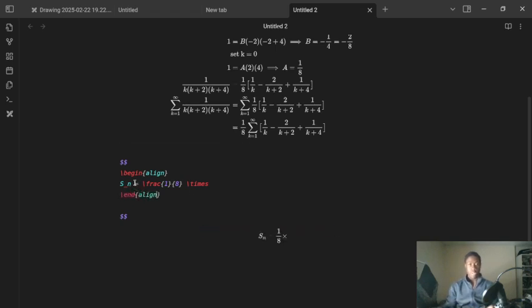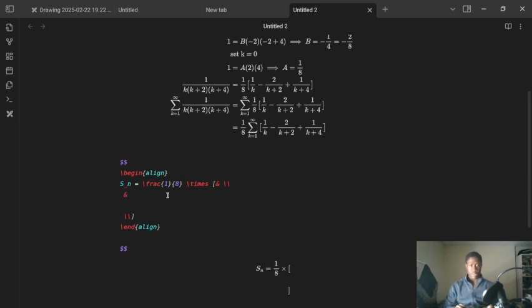They'll all be aligned on the equal sign. No, I guess I want them aligned here. Yeah, I guess I'll do that. Sorry, right now I'm just thinking about the logistics of writing the expression here.